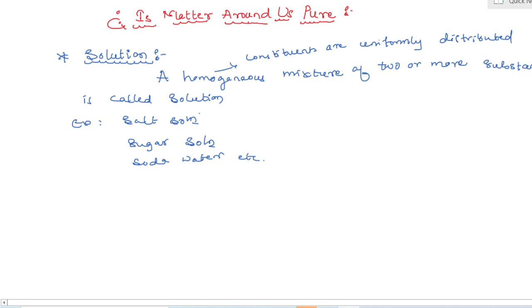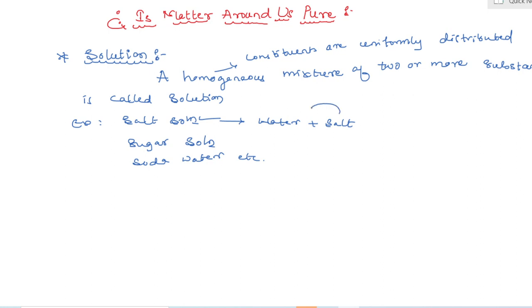A solution. Here, a homogeneous mixture of two or more substances. Take an example, salt solution. A homogeneous mixture of what here? Water plus salt. It means the entire salt is dissolved in water, that forms a salt solution. Is it clear, my dear students?